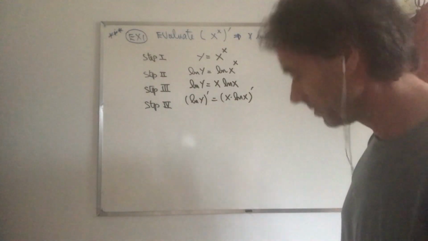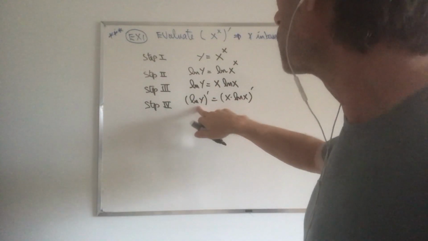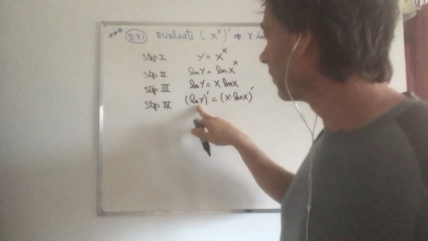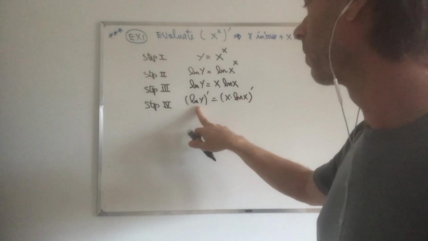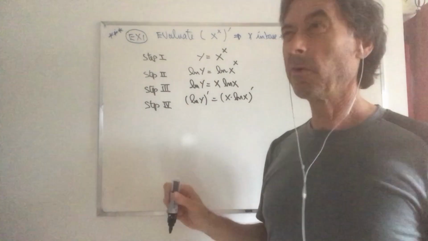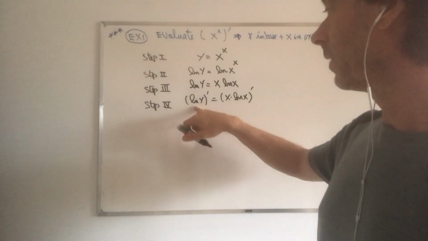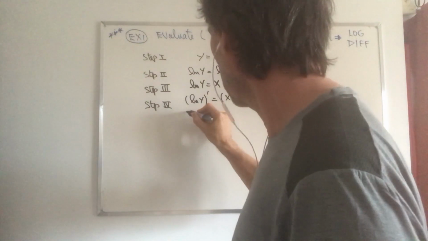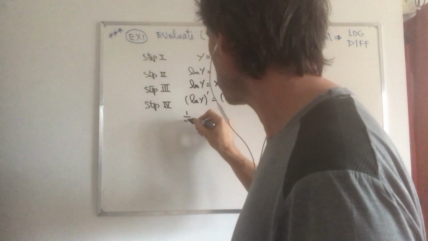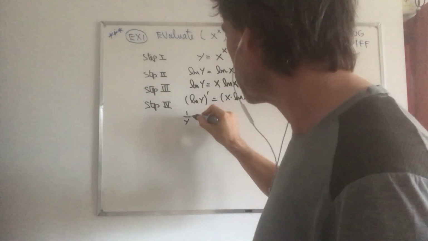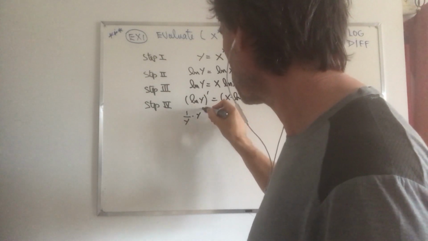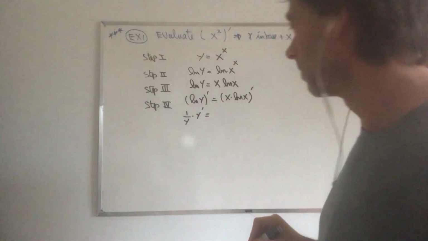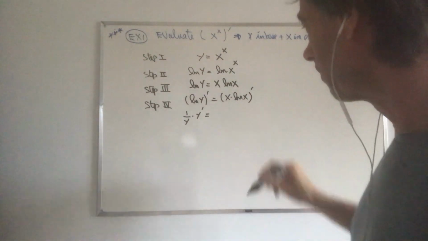You can see the times right here that I've highlighted. So how do I derive ln of y? Well, isn't that rule 13? ln of u, what's the derivative of ln of u? 1 over u, times u prime, so 1 over y, y prime.